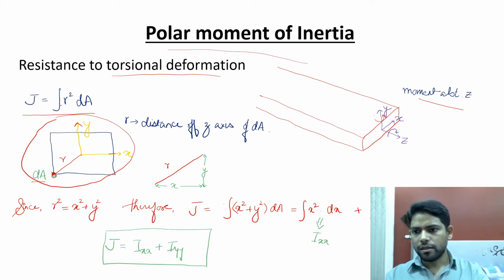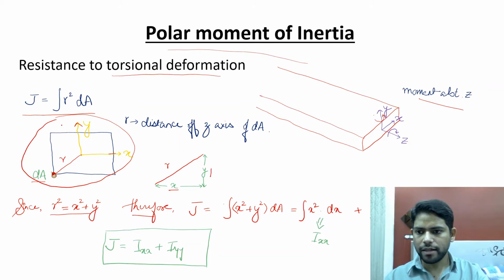So this is your area integration sign, and your polar moment of inertia is equal to the area integral of r square dA. But if you consider this distance x, this distance r is basically x square plus y square.